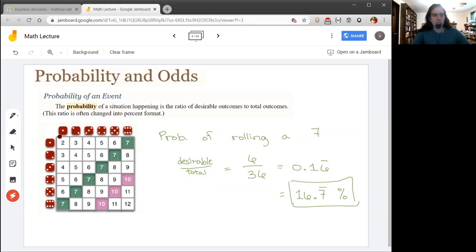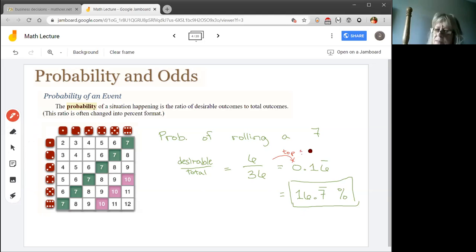And the whole chart is 6 times 6 different possible ways to roll 2 dice. And once we count that, that's the only new thing, because we're just taking a fraction, top divided by bottom to make it a decimal, and then ripple up to make it a percent.